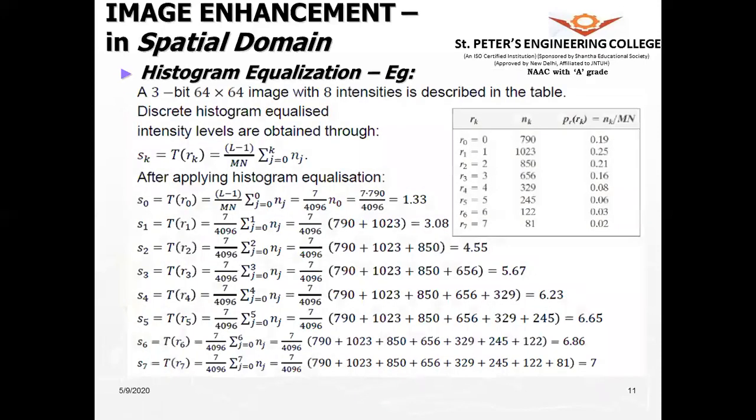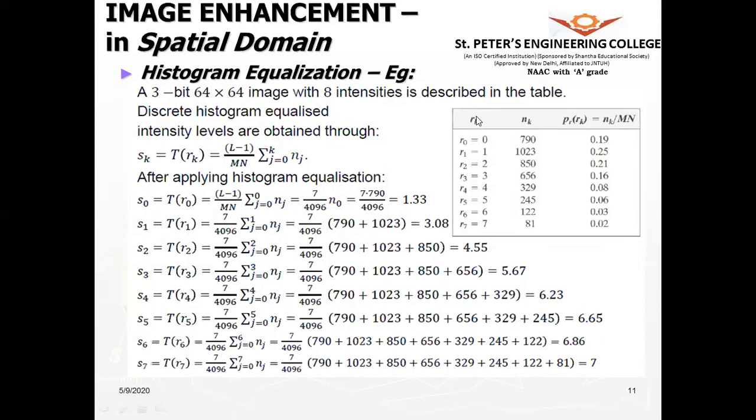Here is another example; let us look at mathematically how we can compute histogram equalization. Consider an image of 64 by 64 where 3 bits are used to represent 8 intensities, that is 0 to 7. So 0 to 7 counts 8 different intensities, and therefore we use 3 bits.